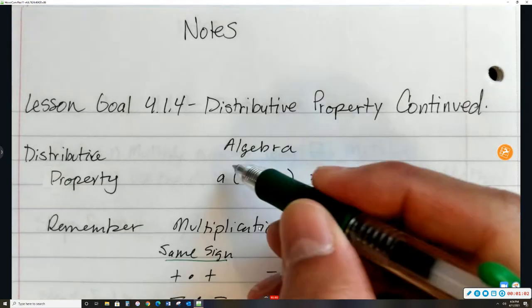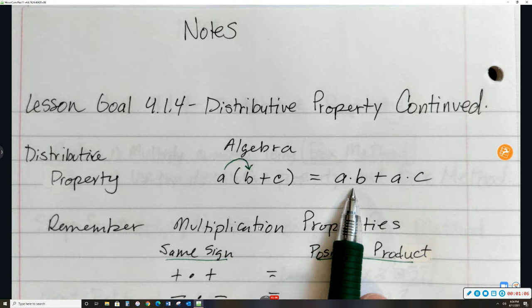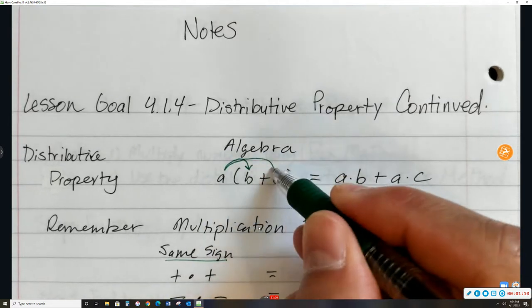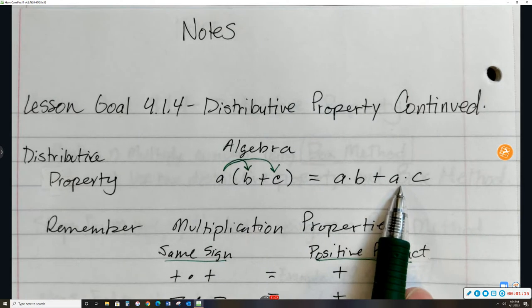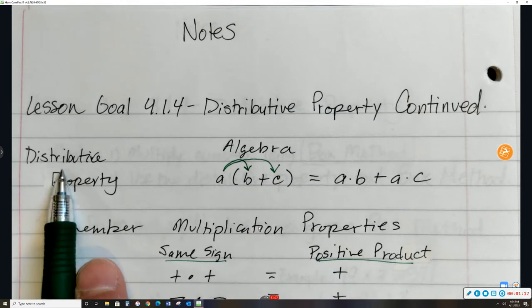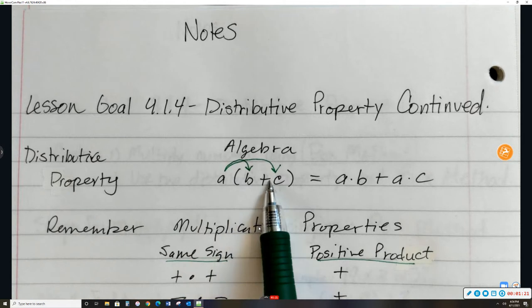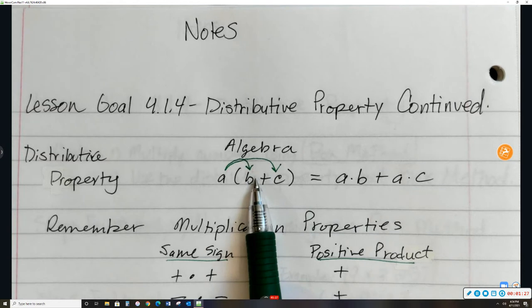Technically you go A times B, and there's my A times B, and then you distribute and multiply A times C, and here's A times C. That's really why they call it the distributive property, because this A gets distributed to everything inside the parentheses. This is the way I'm going to show you the examples today.